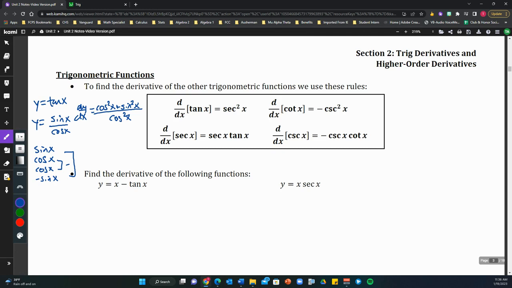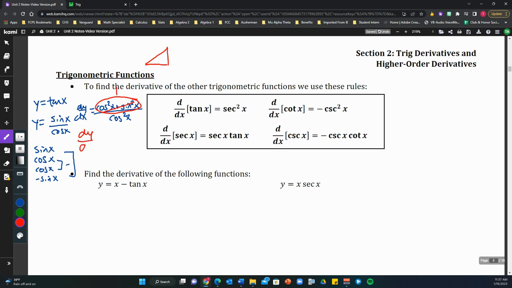From pre-calc, we know one of the really important trig identities is the Pythagorean identity, which says sine squared plus cosine squared equals 1 squared, or 1. That's the idea of the x coordinate squared plus the y coordinate squared equals the hypotenuse squared. Those coordinates refer to the sine and cosine values on the unit circle. So this whole numerator can be replaced with 1.